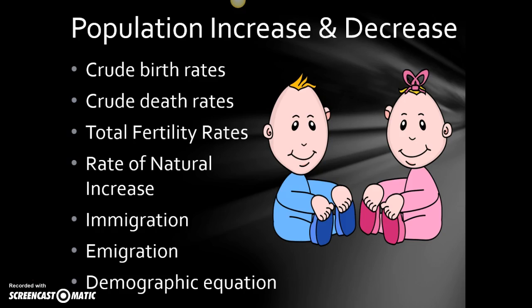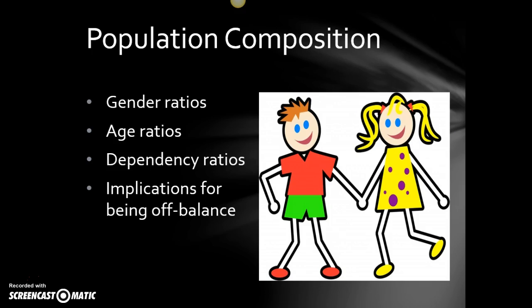You take the rate of natural increase, okay, so that's the birth rates minus the death rates, and then you add the number of immigrants, people coming into the country, you subtract the number of emigrants, people leaving the country, and that will give you what the population change is over a given period of time. Okay, so it really is all about just how are we talking about population change. That's what every one of these is about.